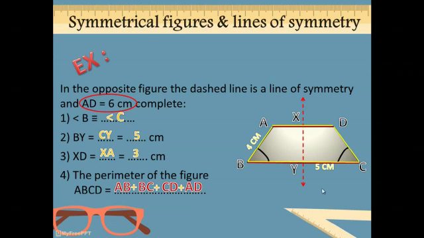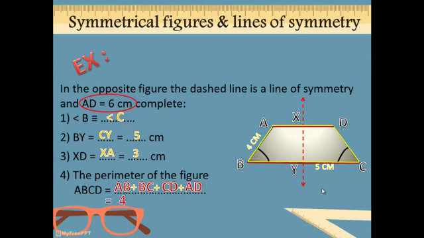From the figure it equals 4 plus BC equal what? Where is BC? BC consists of YC plus YB. YC is equal to YB. YC equals 5 and YB equals 5. 5 plus 5 is 10.